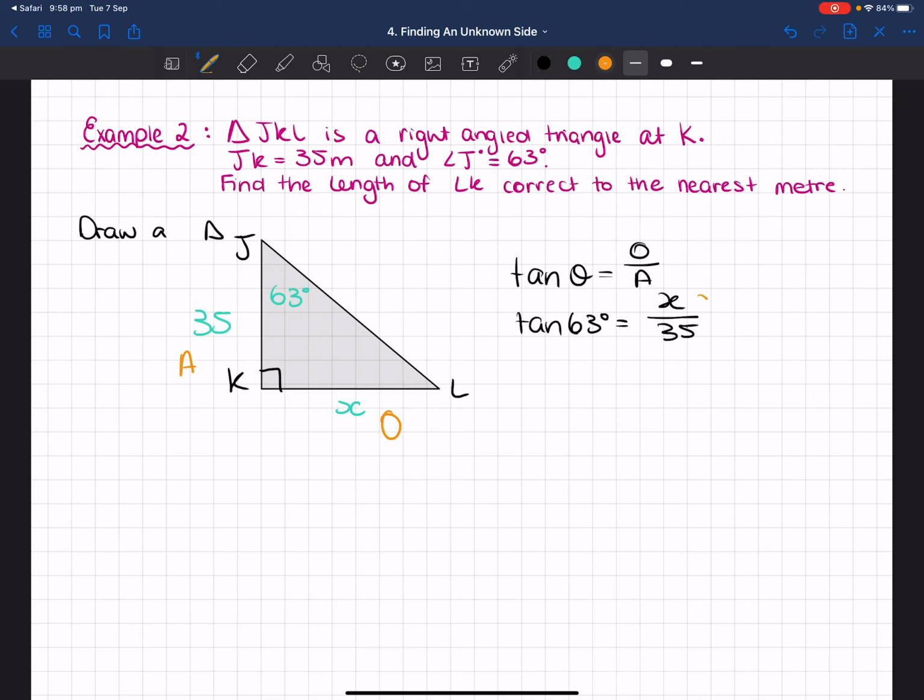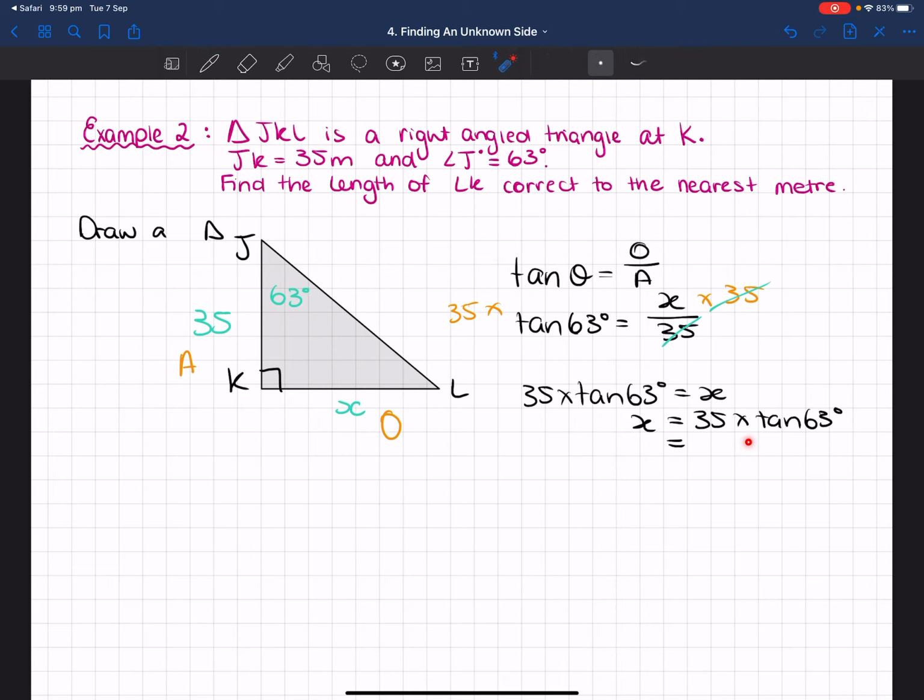Then to solve for X, we're going to multiply both sides by 35. The reason we do that, remember, is so they cancel each other out. And we're left with 35 times tan of 63 degrees is equal to X.